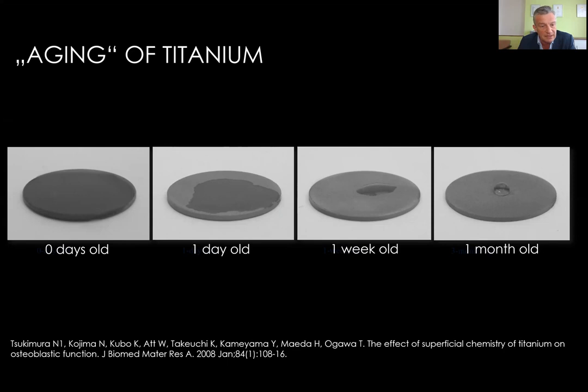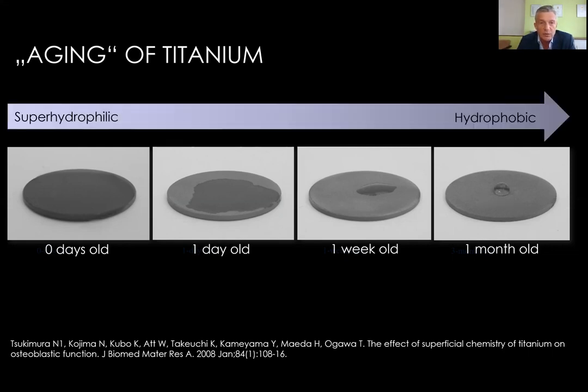It's a sandblasted and etched surface. Ogawa was the one who initiated the study. On the first day, we have a super hydrophilic surface, which changes over time to a super hydrophobic surface. So after 1 month, the super hydrophilic surface changed.